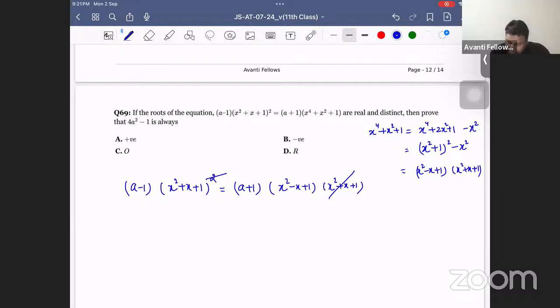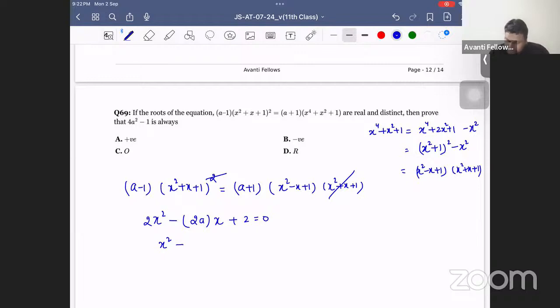So it is 2x square minus 2a times x plus 2 equals 0. So it will be x square minus ax, and just a moment, this is cancelled.